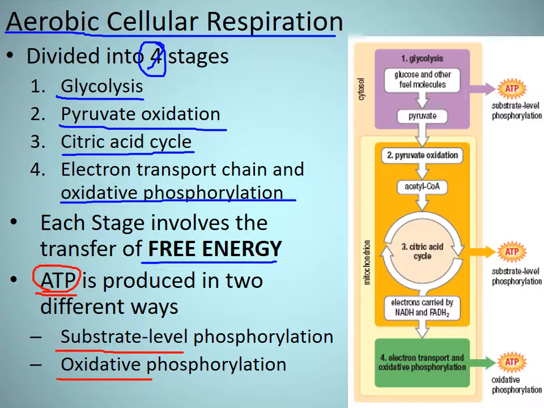It's the transfer of these electrons that allows for the buildup of potential energy to drive a specific pump in order to reform ATP. Substrate level phosphorylation takes place in glycolysis and the citric acid cycle, also known as the Krebs cycle. Oxidative phosphorylation takes place in the electron transport chain.